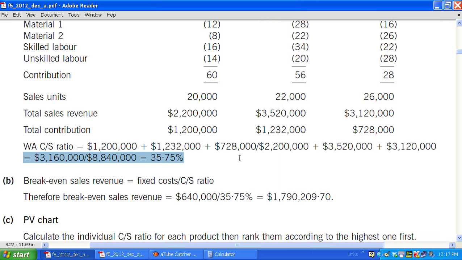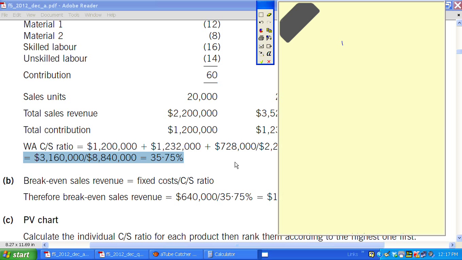Next, we're going to try and get the break-even sales revenue, which I'm going to call break-even.